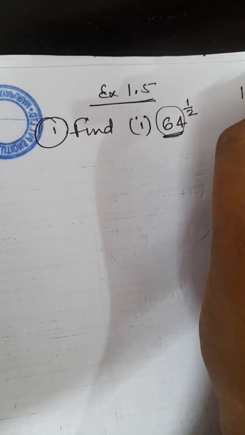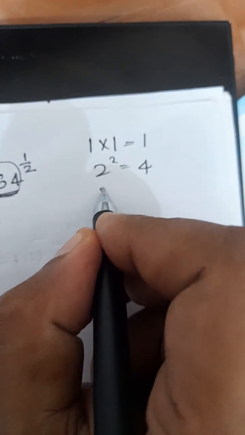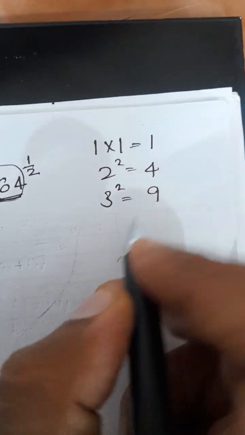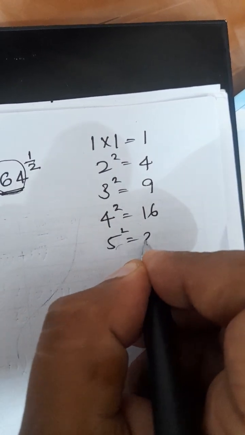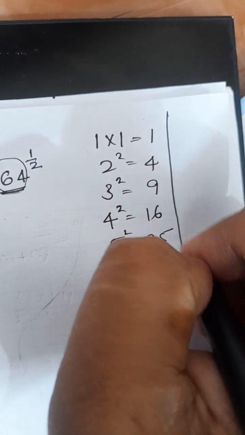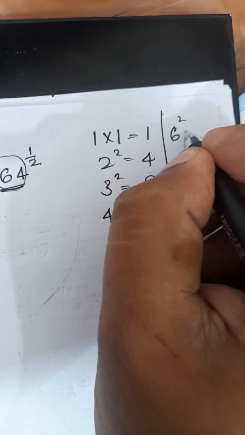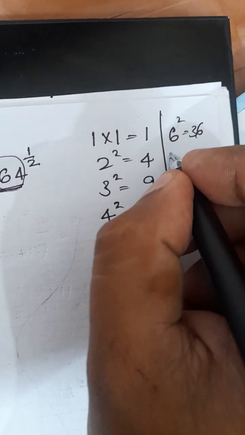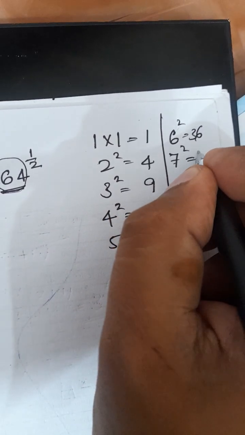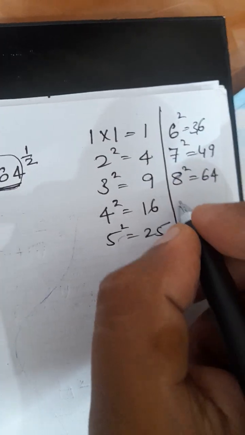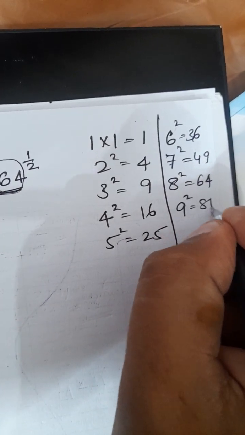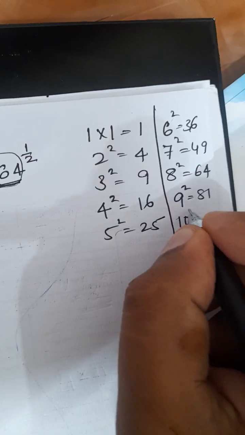You remember 1 square is 1, 2 square is 4, 3 square is 9, 4 square is 16, 5 square is 25, 6 square is 36, 7 square is 49, 8 square is 64, 9 square is 81, and 10 square is 100.